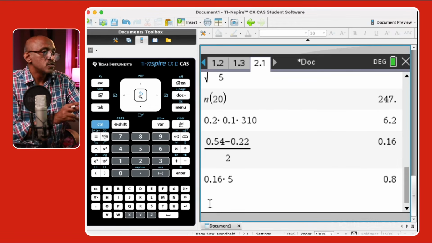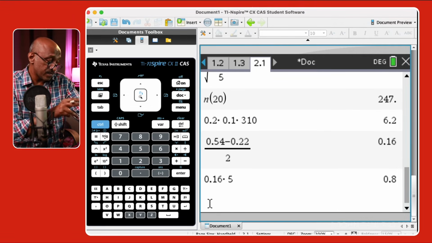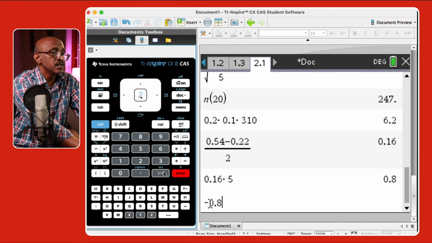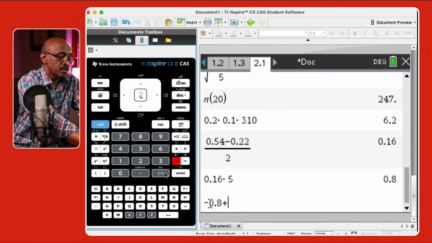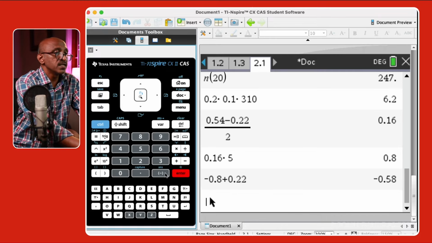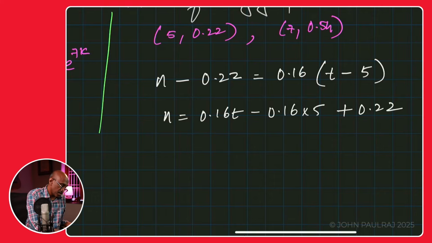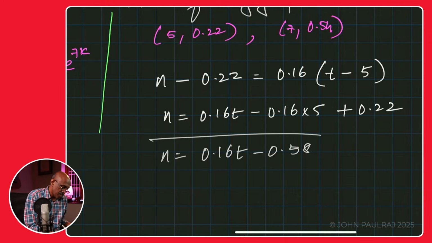Yeah, and that has to be with a negative sign, by the way. So negative of that term, and with the 0.22, that is going to be negative 0.58. I hope that is clear. And so we can say this expression n is 0.16t minus 0.58.